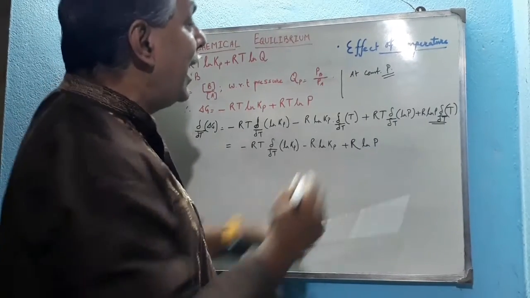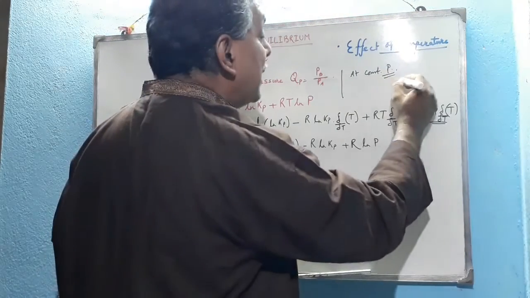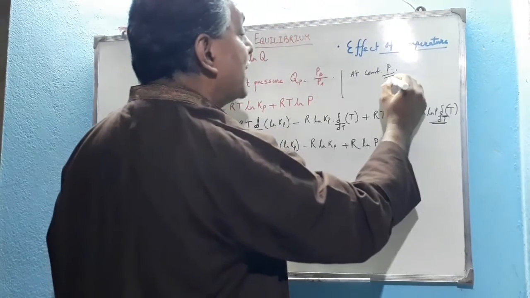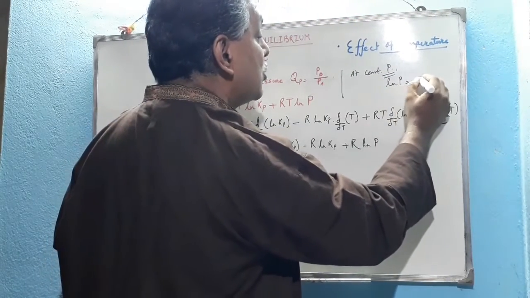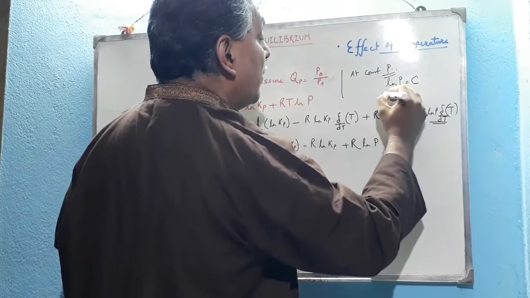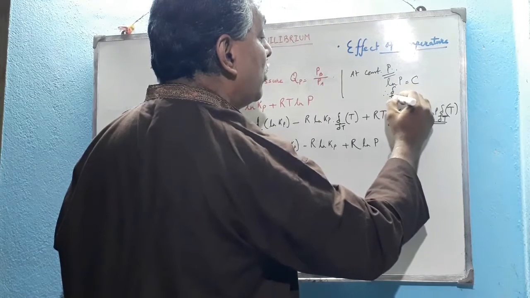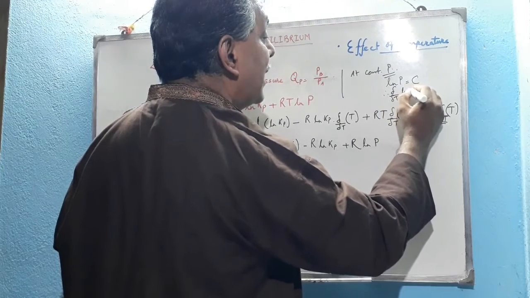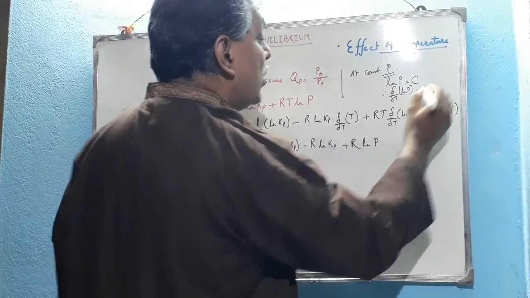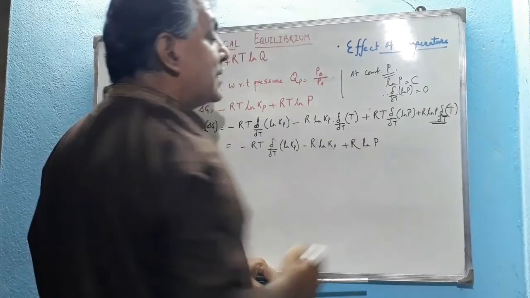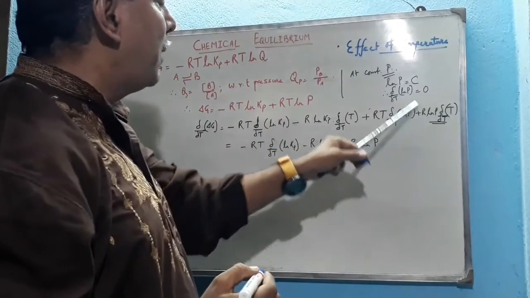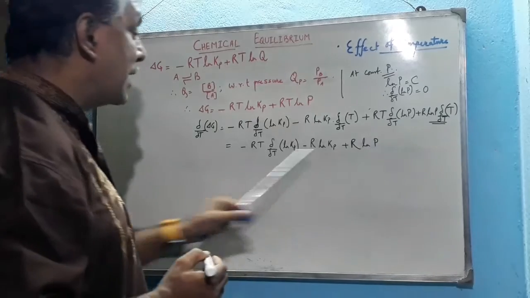That is why ln P at constant pressure is also constant. Therefore, del T of ln P, that means del T of a constant, becomes 0. So the term RT del T of ln P vanishes. So this is the expression.